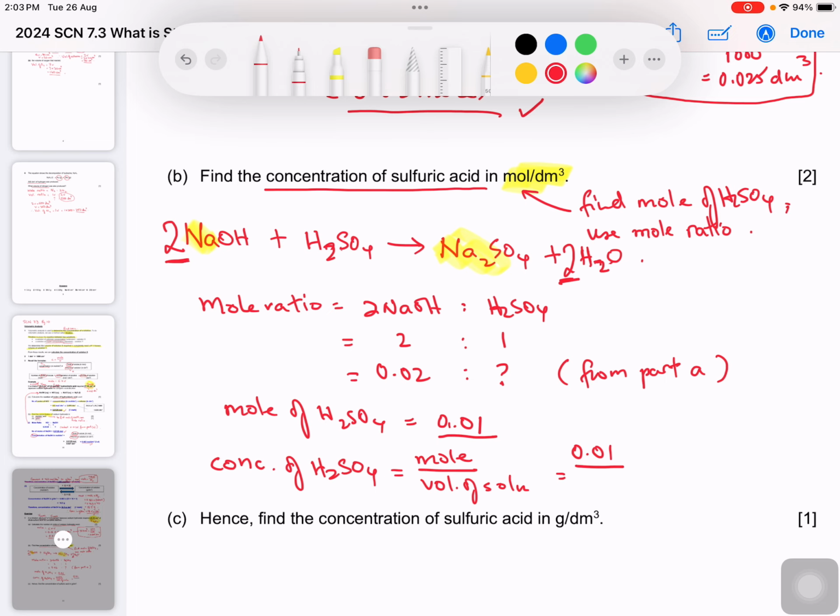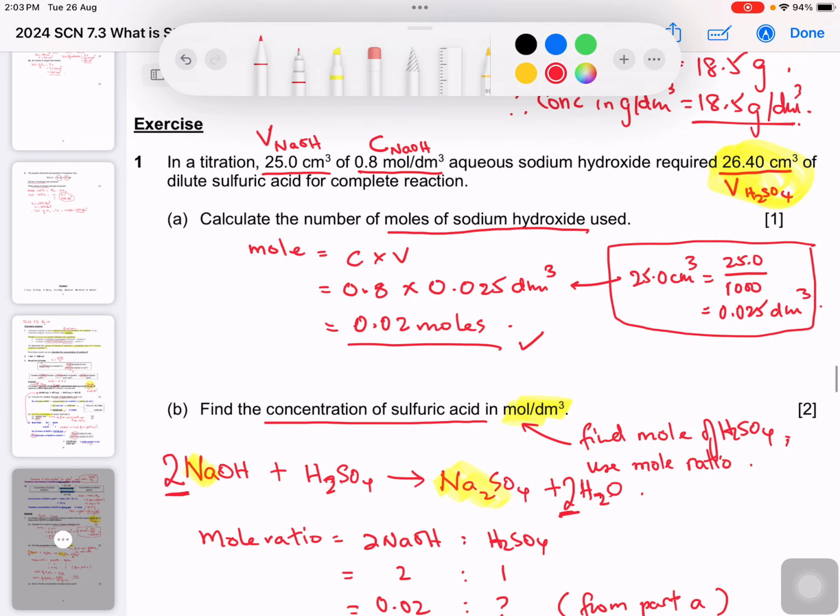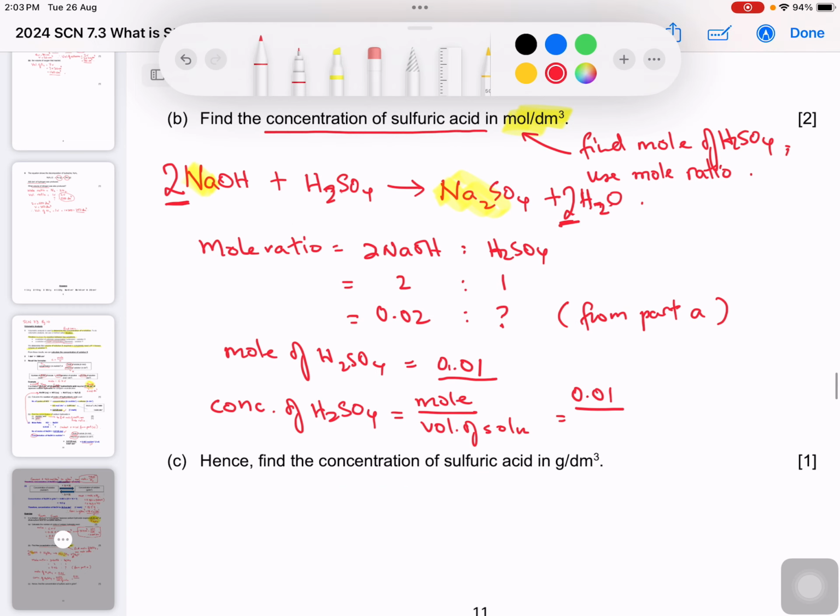Let's go back up to the question. 26.4. So divide by 0.0264. And that should give us an answer of 0.0379 mole per dm³. Okay, so we have found concentration.